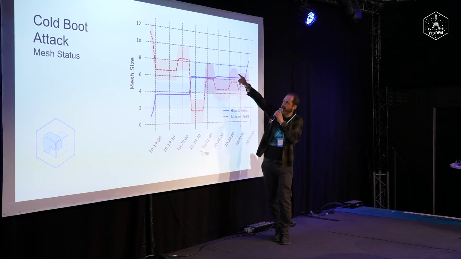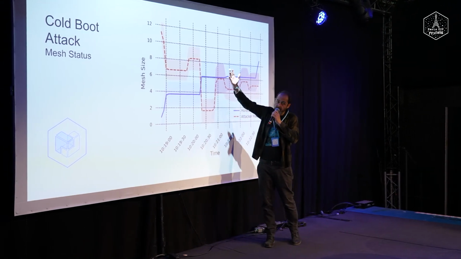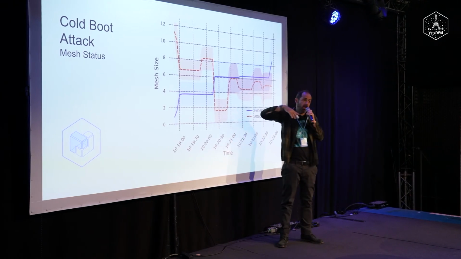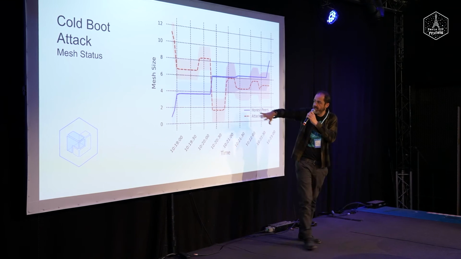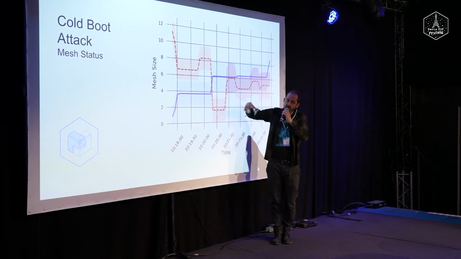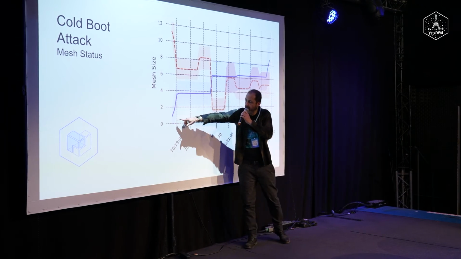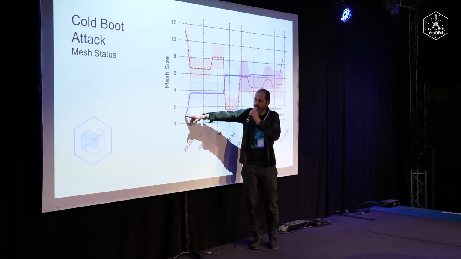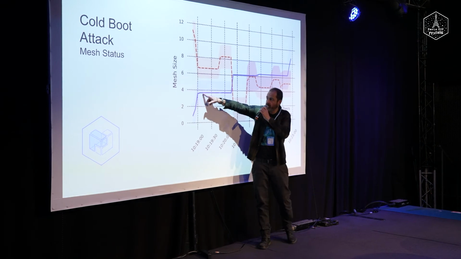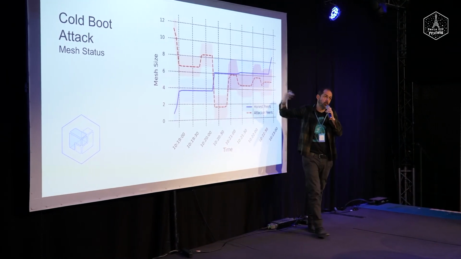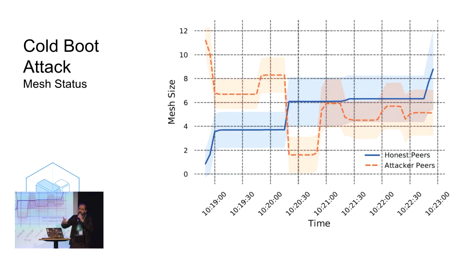And we see that in the beginning, although the average peer is connected to 12 or 10 or 8 attacker nodes, progressively the honest peers start pruning their connections to attacker peers, and in the beginning they are connected to 0 other honest nodes. They progressively take over the network and only maintain connections with other honest nodes.